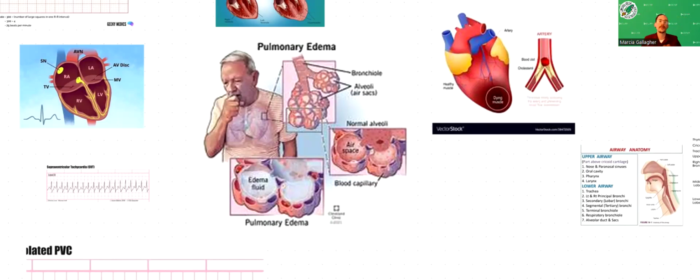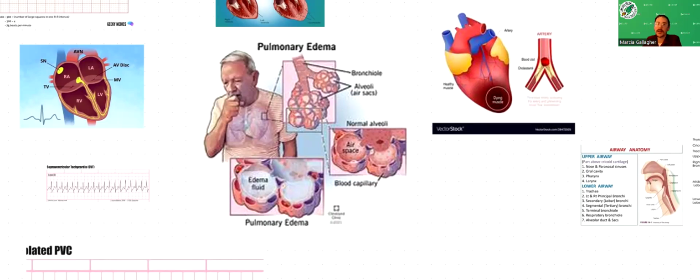And so you have that backup of pressure within the lungs, and that can cause pulmonary edema, which is that fluid third spacing, as we call it, into your lungs. And lungs that are full of fluid can't exchange gas, can't expand properly, and these patients end up being very, very, very short of breath.